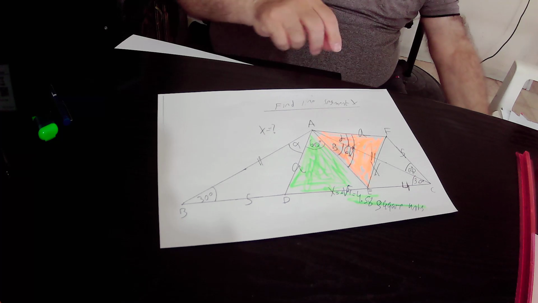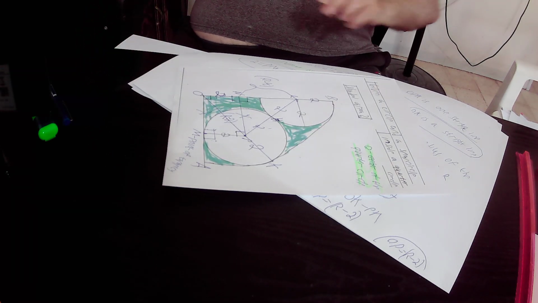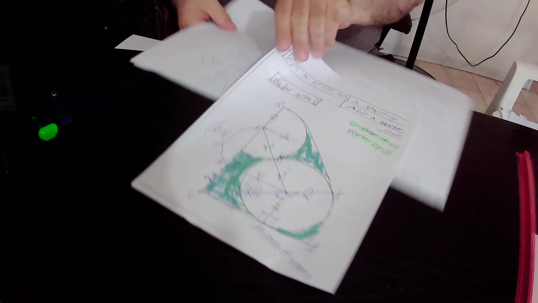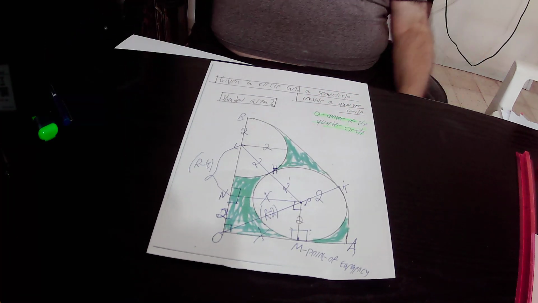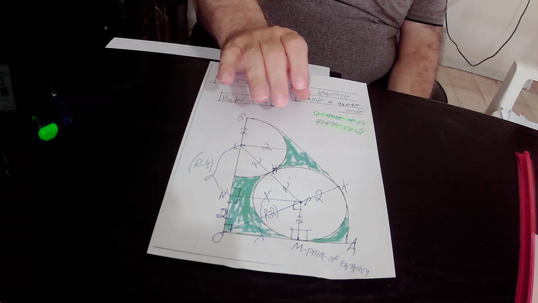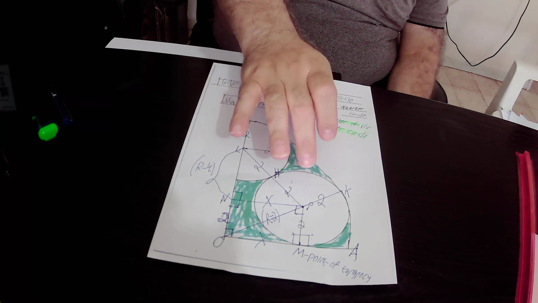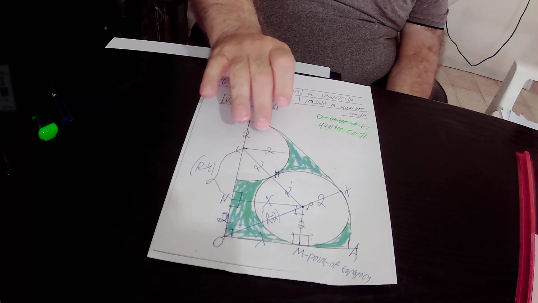Then I presented to you the second question. In the drawing, we have a quarter circle. Inside this quarter circle, we have a circle with radius of 2 and also a semicircle with the same radius of 2 units.